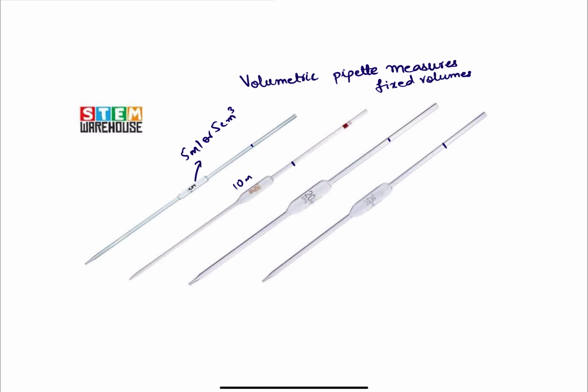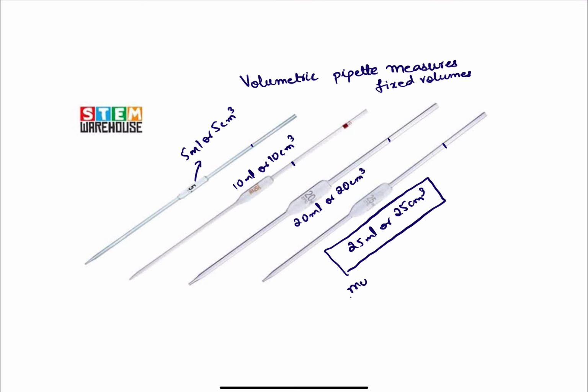This is a 10 ml or a 10 cm cube volumetric pipette. This is a 20 ml or 20 cm cube volumetric pipette. And this is a 25 ml or 25 cm cube volumetric pipette. This one is the most used in labs, and in titration.